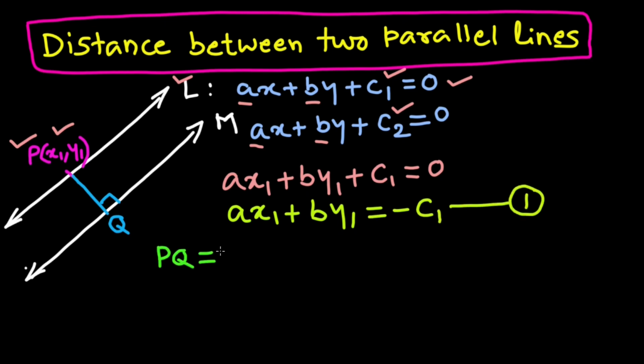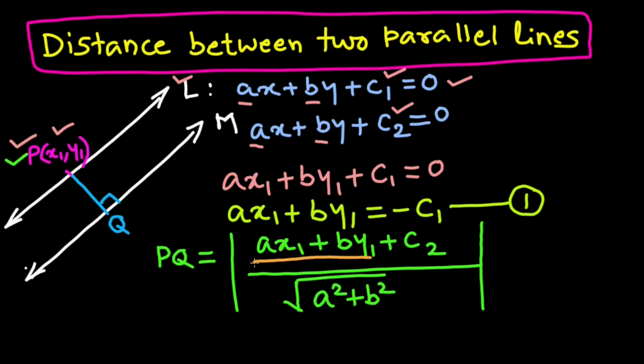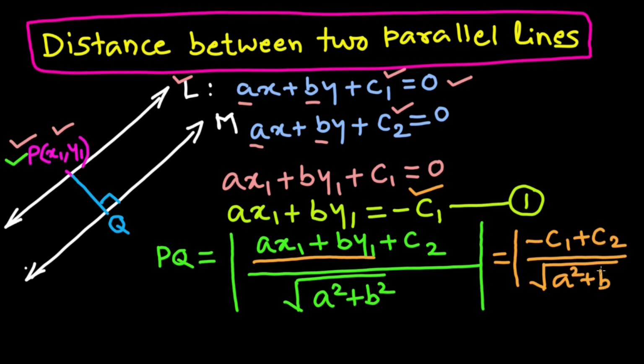Let us name this equation 1. Length PQ, that is the distance of point P(x1, y1) from the line M, will be mod a x1 plus b y1 plus c2 upon square root a squared plus b squared. But a x1 plus b y1 equals minus c1. So PQ will be mod minus c1 plus c2 upon square root a squared plus b squared.